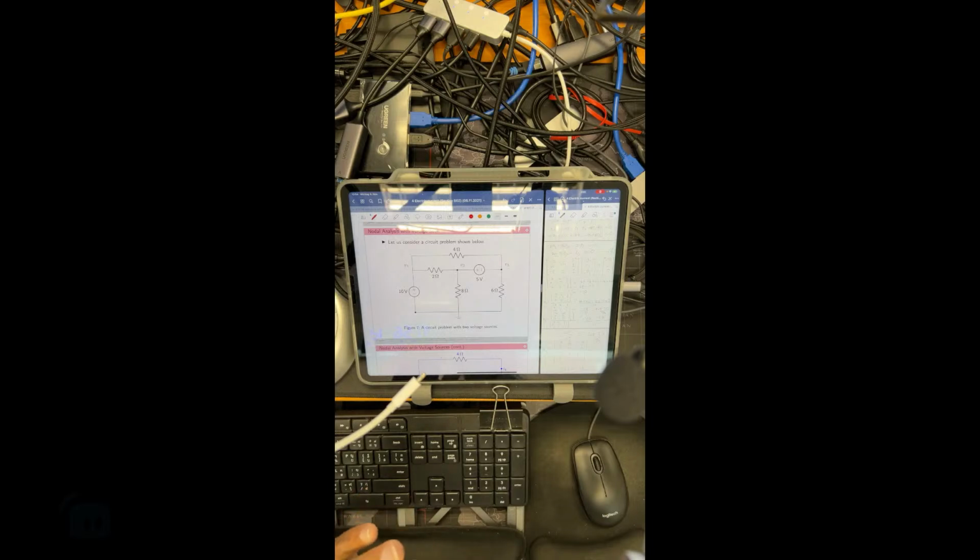In which situation should we apply nodal analysis to a problem? Any idea, any answer, please?